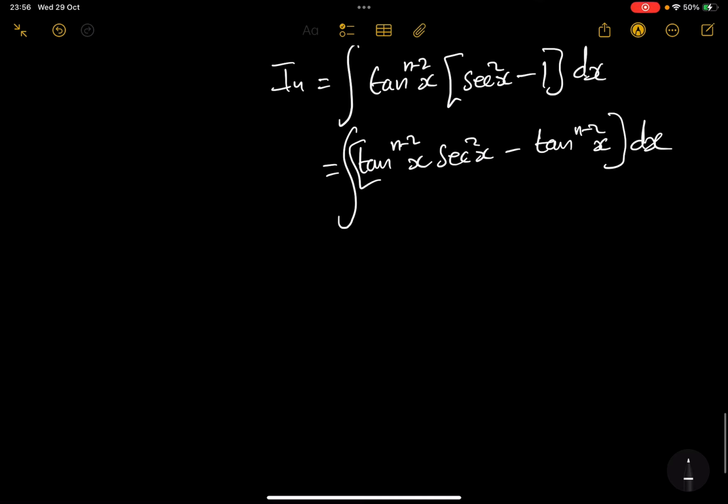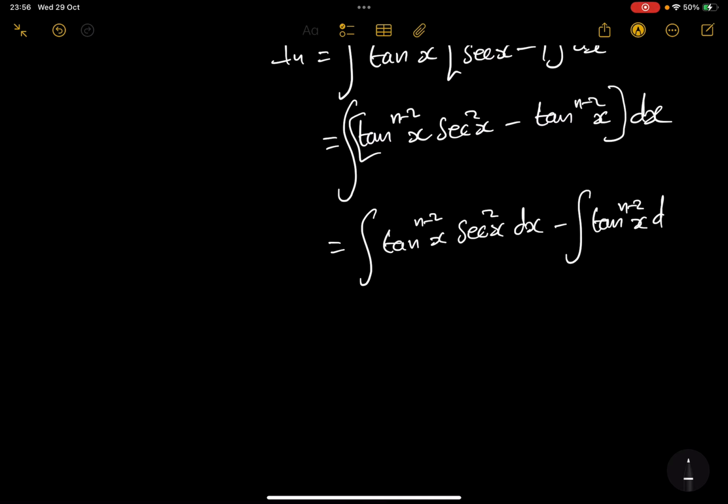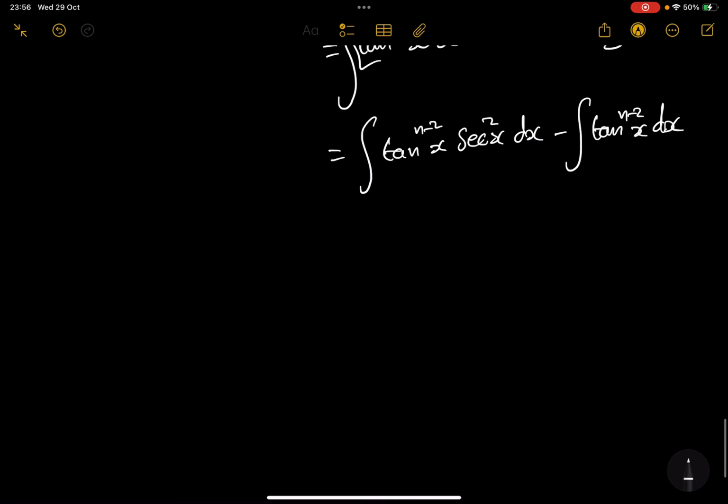So what are we going to do here? Let me write this as the integral of tan^(n-2) x sec squared x dx minus the integral of tan^(n-2) x dx.